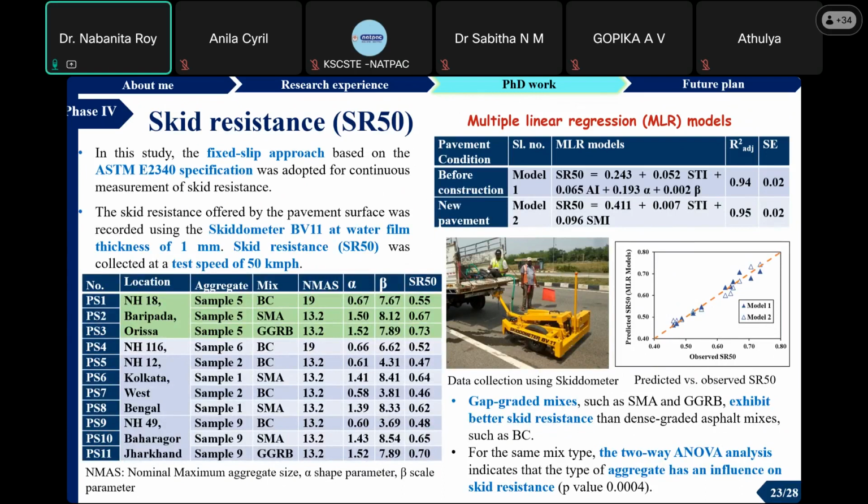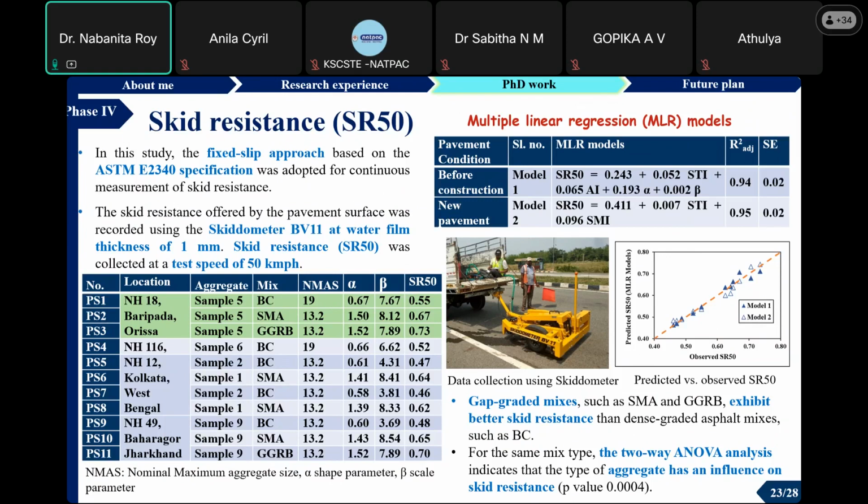The skid resistance data was collected in wet condition. The water film thickness was kept constant at 1 mm, and we sprayed some water just below the wheel, and then we collected the data at 50 km/h.